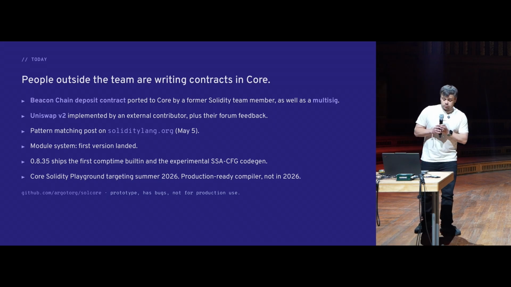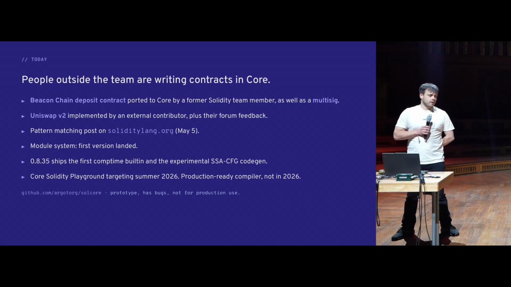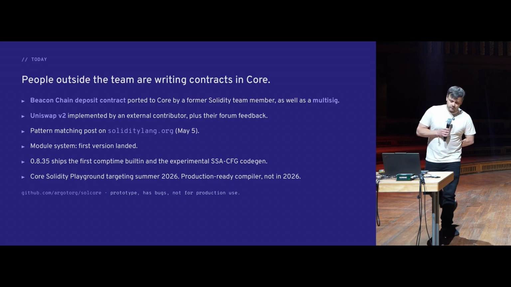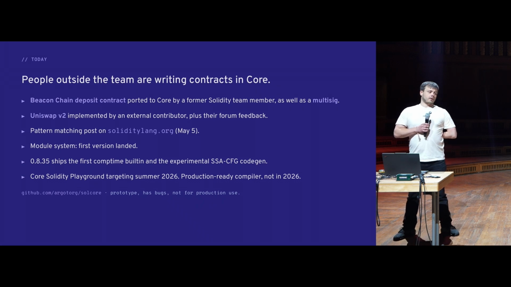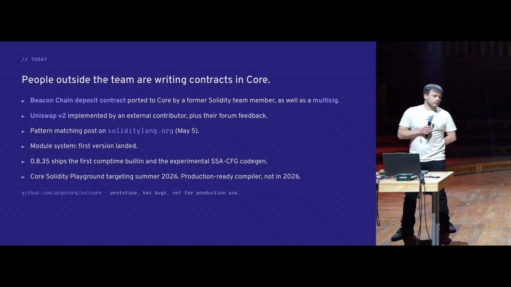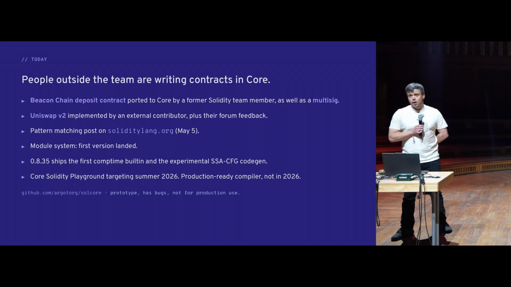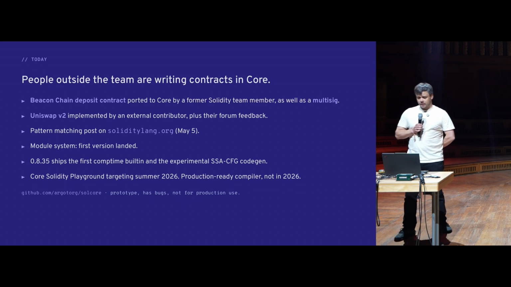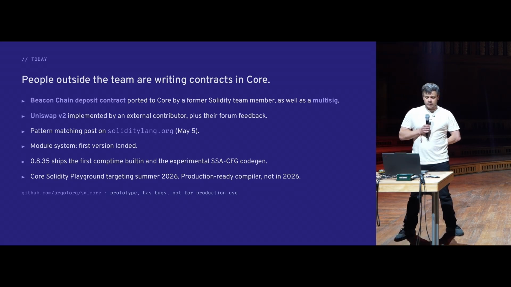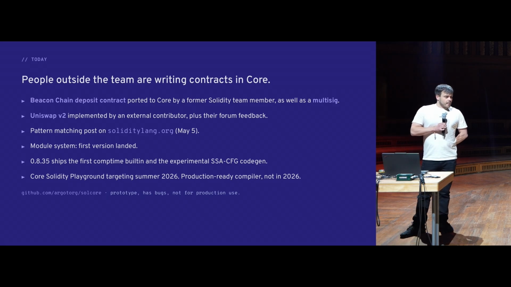Yeah, so we do have a couple of external contributors already, who have contributed some really great things. We have Aksik, who some of you probably know. He's been helping out a little bit lately, and he built the Beacon chain deposit contract in Core, and he also built a multisig and provided a lot of very good feedback about the current state of the language, and just in general polished it up a bit.